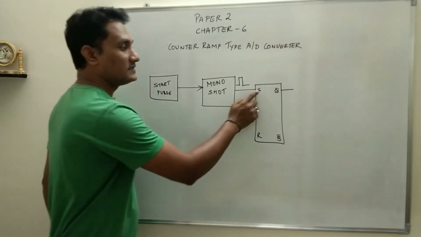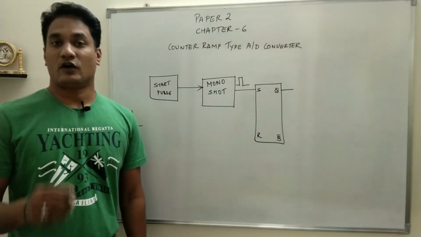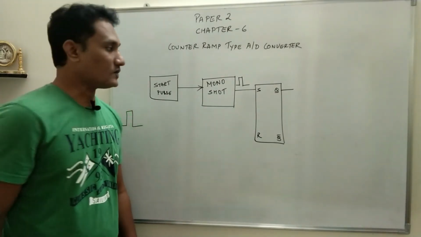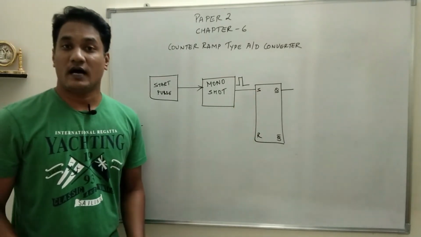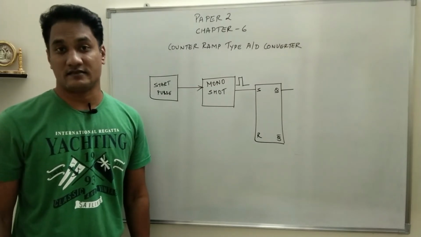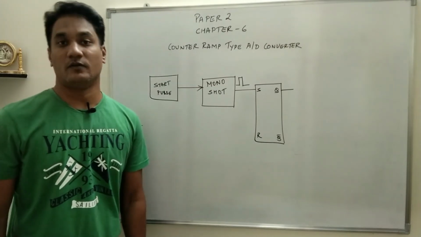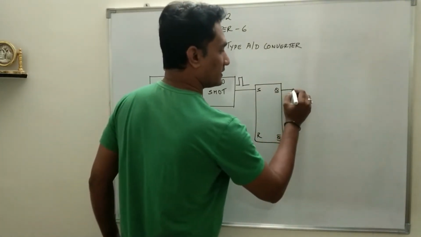And if S is 0, R is 1, the trigger is provided to R, and the flip-flop resets, which means Q will become 0 and Q bar will be 1. This has to be remembered when you understand the circuit.